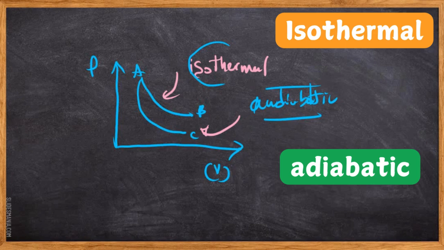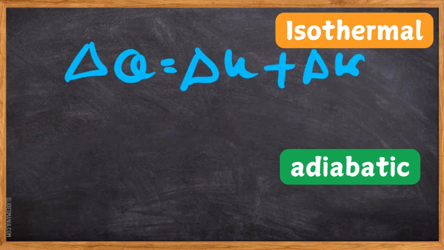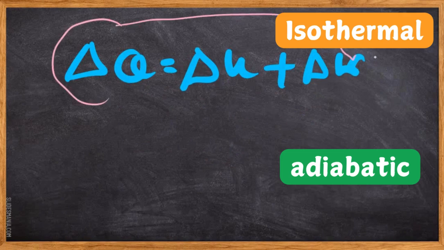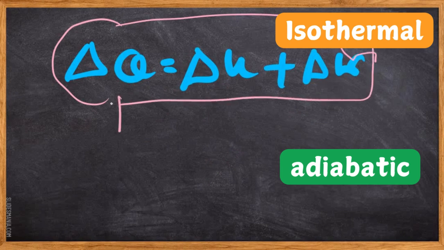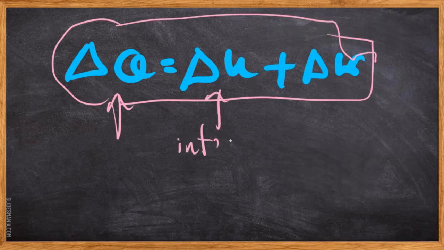The gradient is a bit higher in adiabatic expansion. So basically, delta Q equals delta U plus delta W is the basic equation we have for thermodynamics. Here delta Q is the heat exchange from the environment, and delta U is the internal energy change. Internal energy means a temperature change.